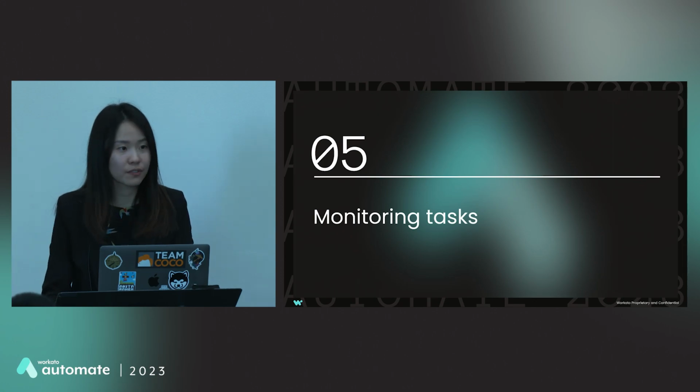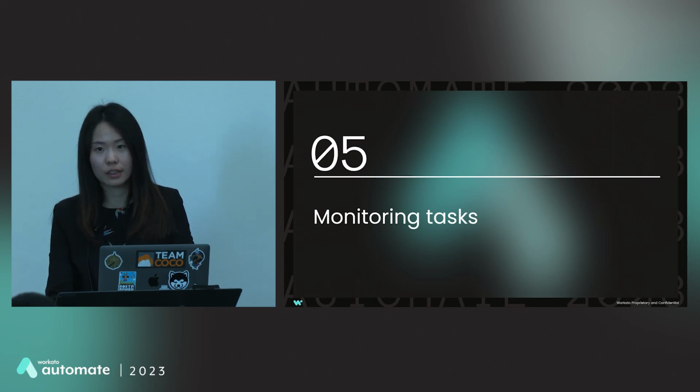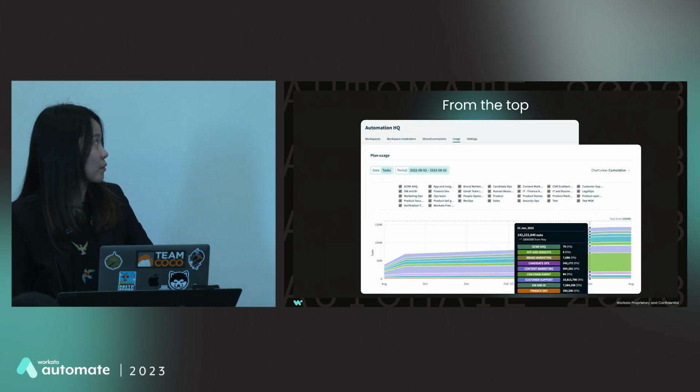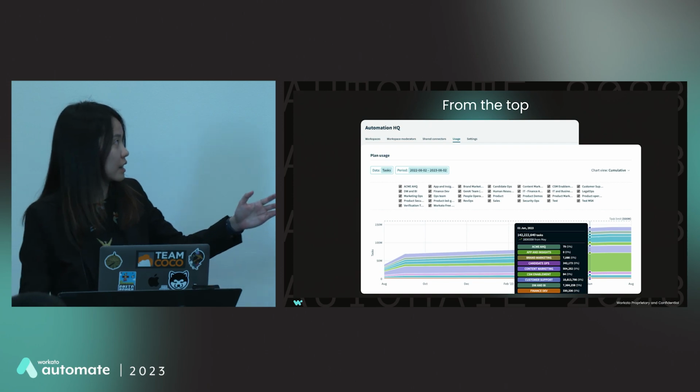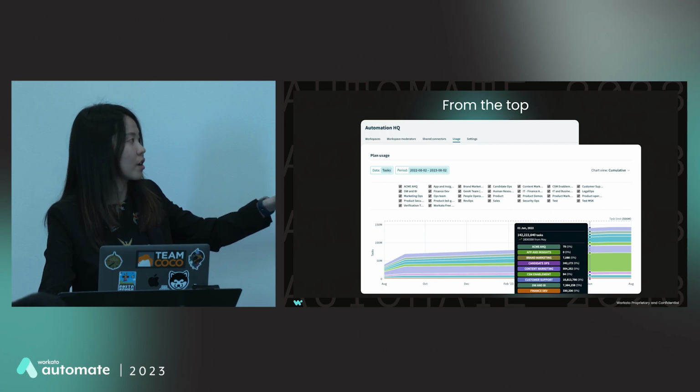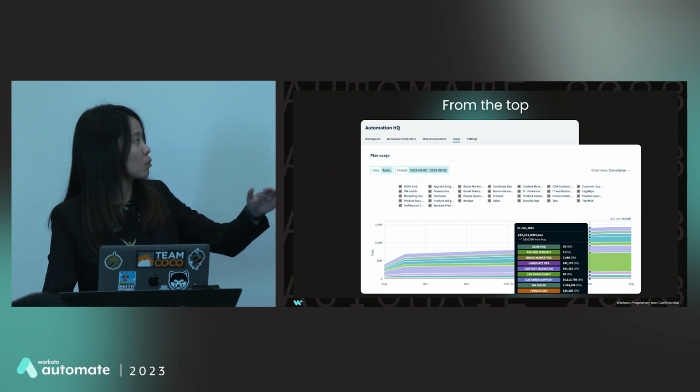Okay, so in terms of monitoring tasks, I think it's important for different personas such as usage analysts, admins, and success sponsors to look at how to manage tasks across the board in your workspaces. So starting from the top, if you are in AHQ, you could be requiring oversight across multiple workspaces.